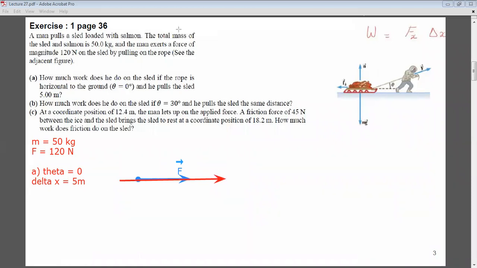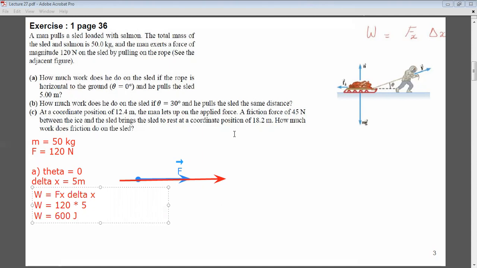So to calculate the work, W is equal to Fx delta x. Fx in this case is all of F because it's all on the x-axis, times delta x given to be 5. I replace F by 120 Newton, and I get my work equal 600 joules. So the unit of work is joules. This is part A.